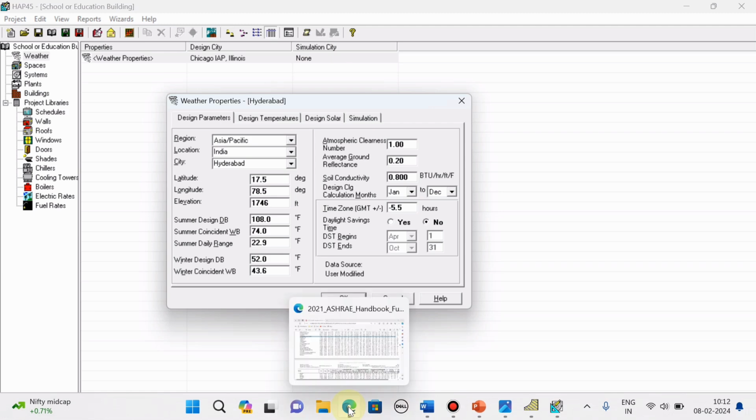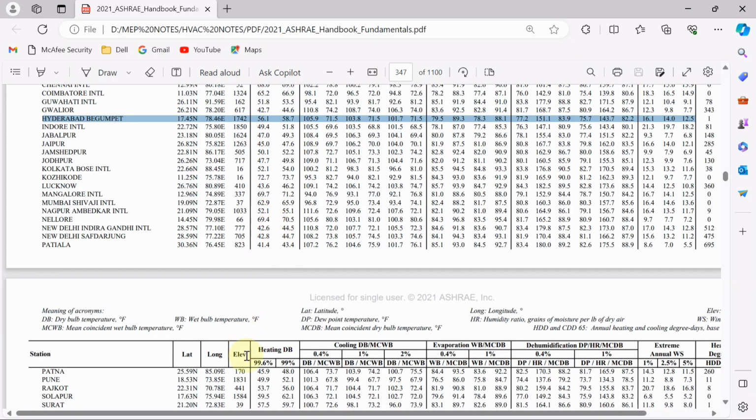Here I am opening this. All of you know about it. See, the heating dry bulb temperature is given, the cooling dry bulb temperature, and the mean coincident wet bulb temperature. What is dry bulb temperature? I think all of you know about that.